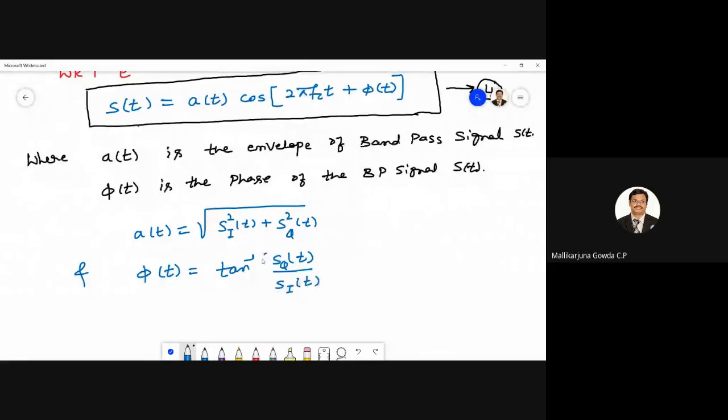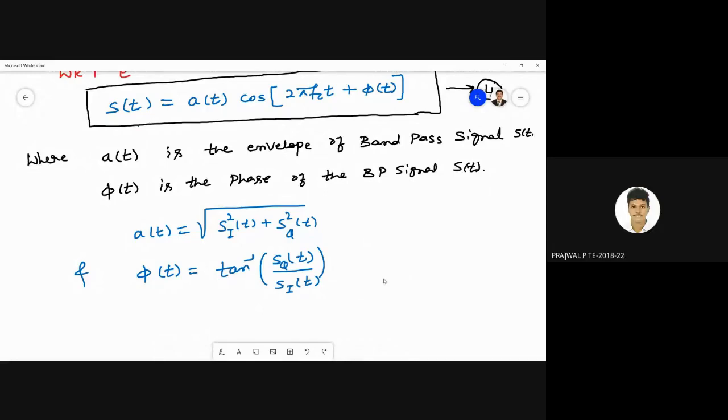Hope this is clear. Any doubt, any questions? Hope everybody is able to understand how I represent the bandpass signal in polar form. Do you have any questions or shall I go ahead?